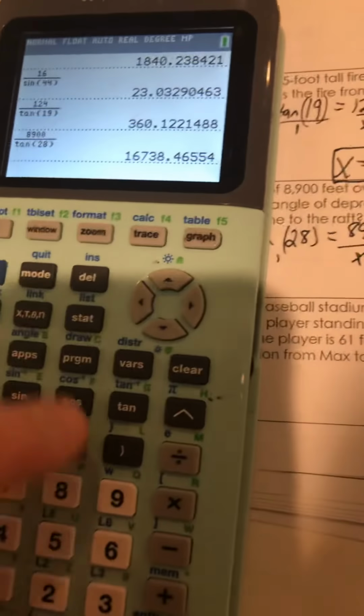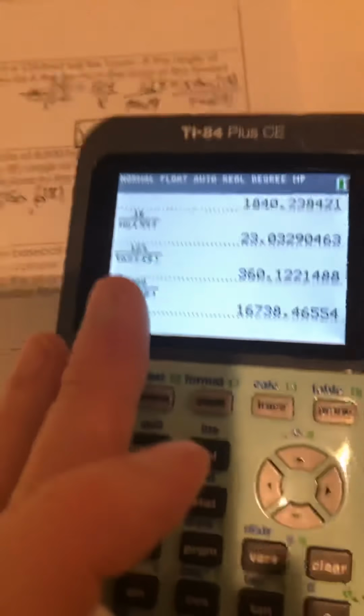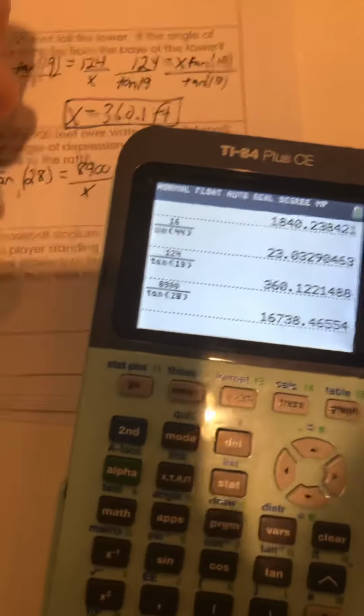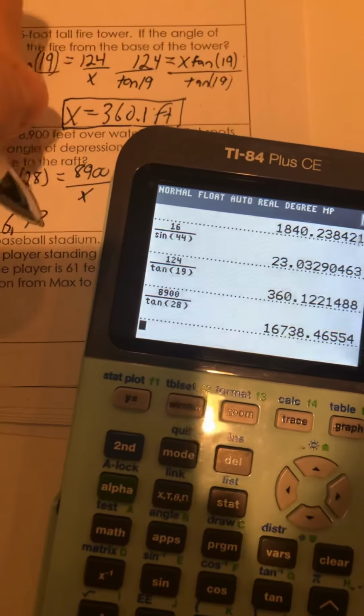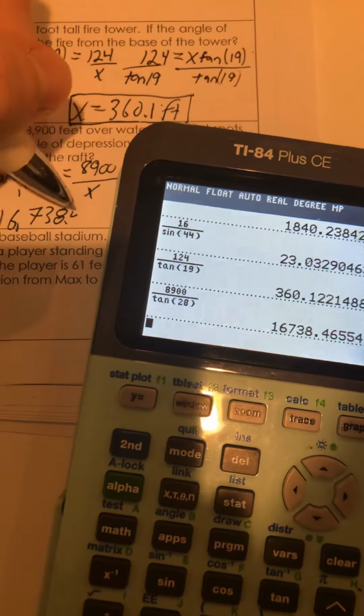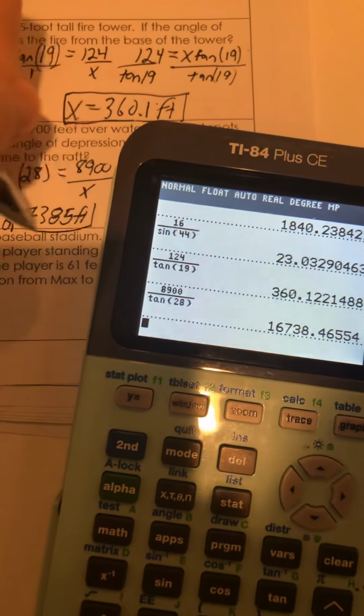Okay, and then we got that much feet. Big number, right? 16,738.5 feet.